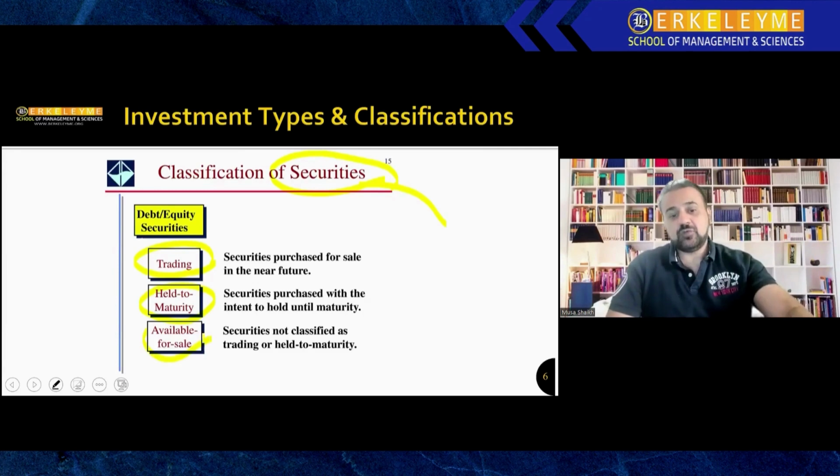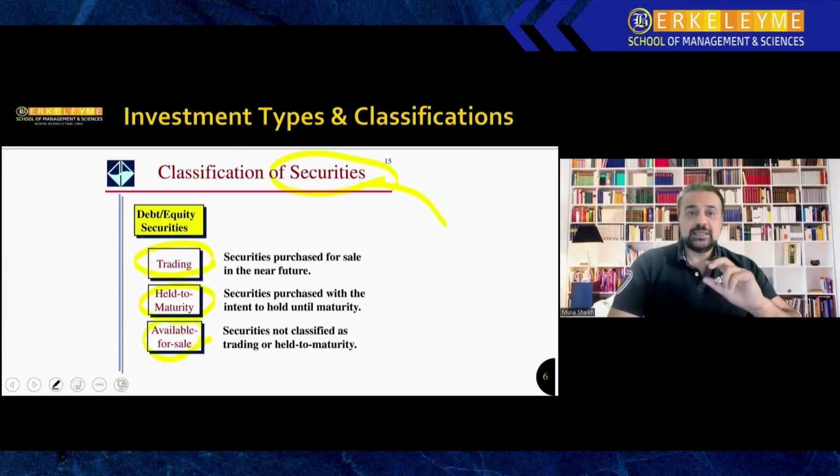And available for sale means that we have decided to sell this. Previously, it was held to maturity for say 2 years. After 2 years, we want to sell it. So when we want to sell it, we make it in an account called available for sale. So that's how these three types of securities can be classified.